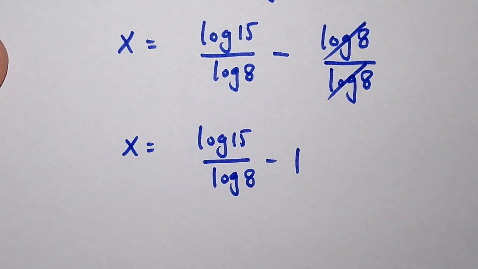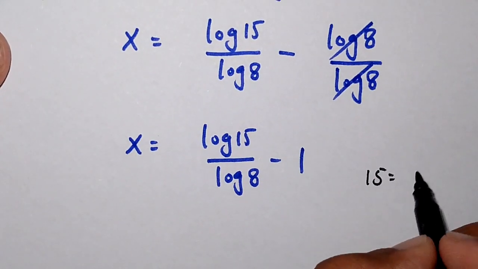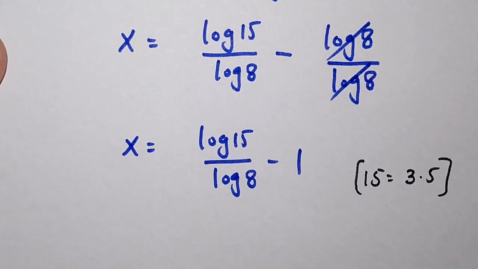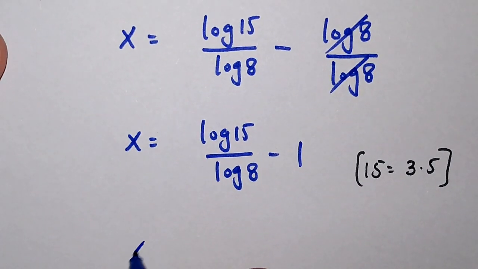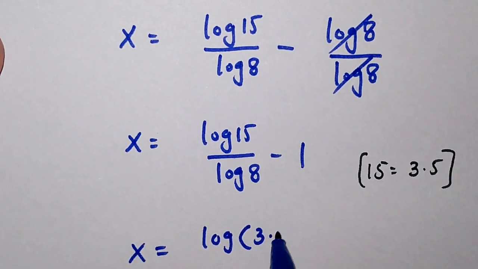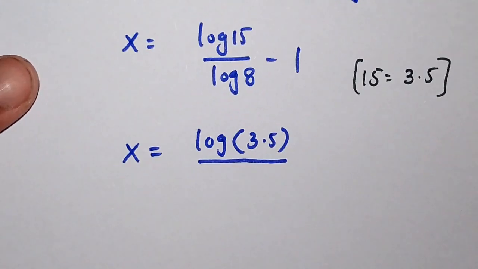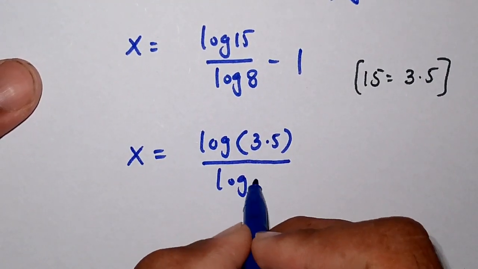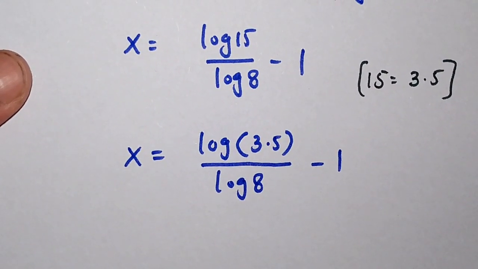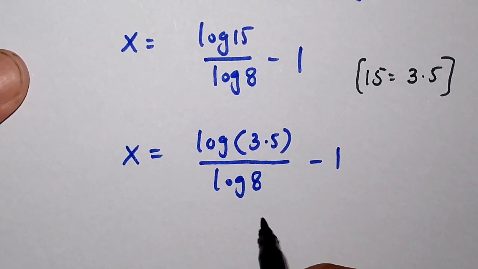Now again we know that 15 is equal to 3 times 5. Now x is equal to log of 3 times 5 over log of 8 minus 1.